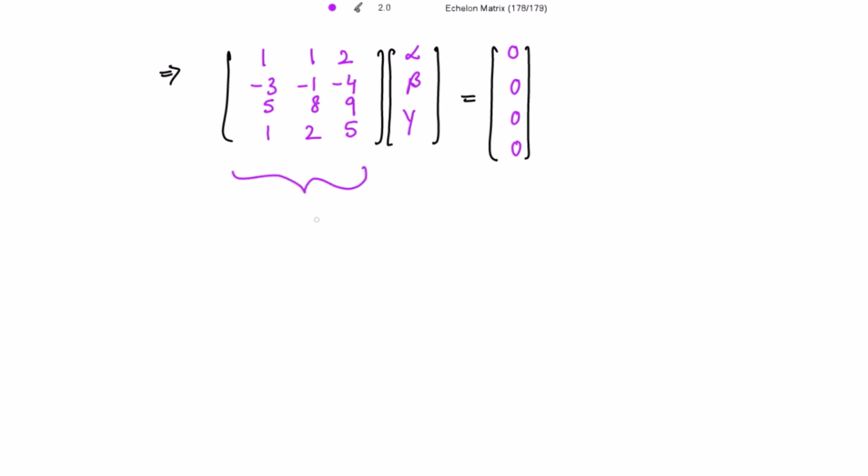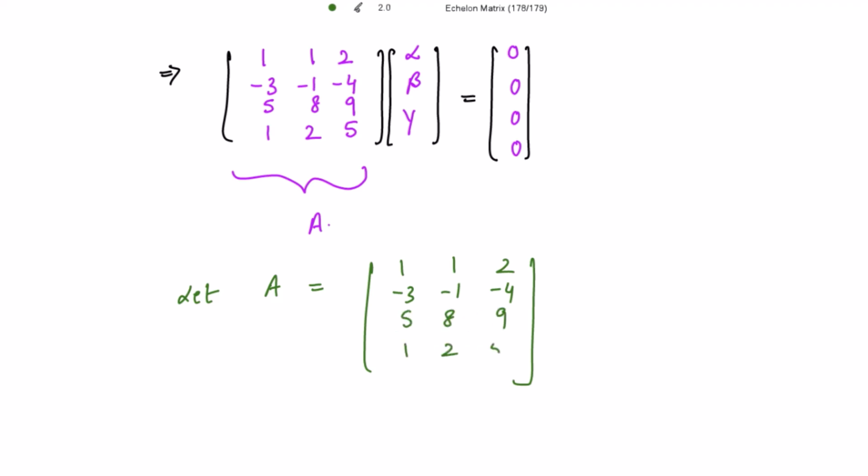So let's take this to be your matrix A, and we need to reduce this matrix into row echelon form, right? So let A be equal to 1, 1, 2, minus 3, minus 1, minus 4, 5, 8, 9, 1, 2, 5. Is it okay? Fine? Okay. Let's reduce this to row echelon form.